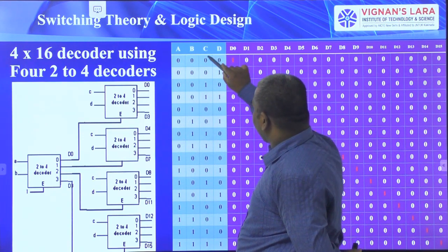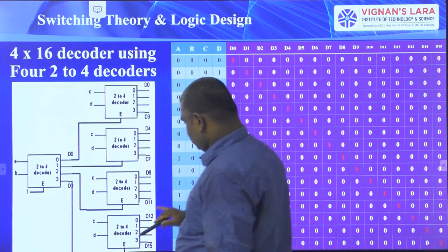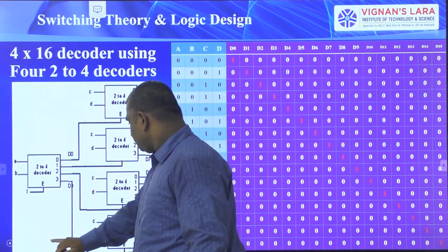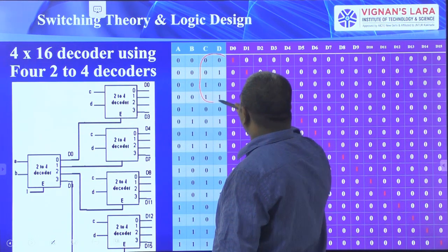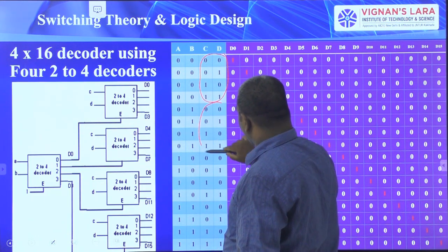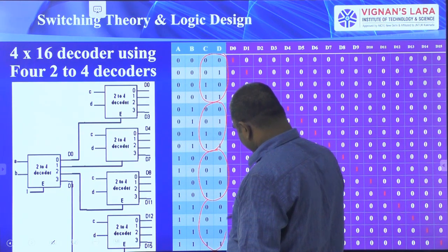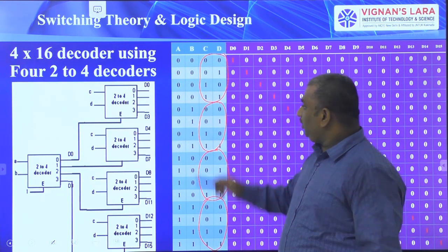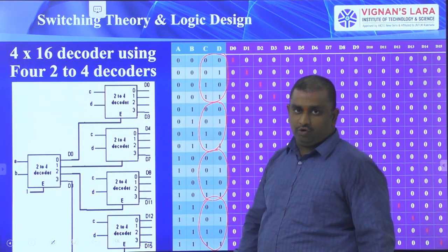First take these 4. CD inputs have 4 combinations. We have 4 outputs by using 2 inputs only. So here I mentioned first 4 outputs, second 4 outputs, third 4 outputs, fourth 4 outputs.